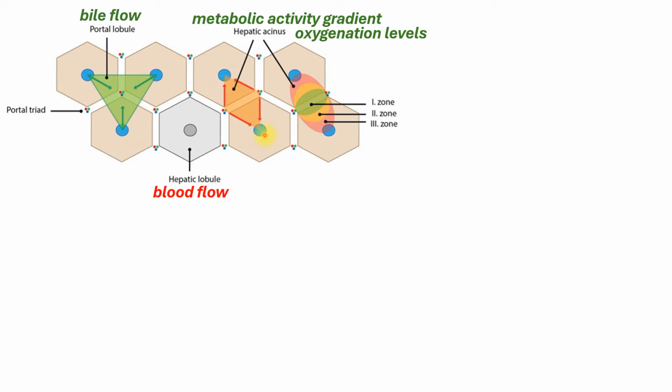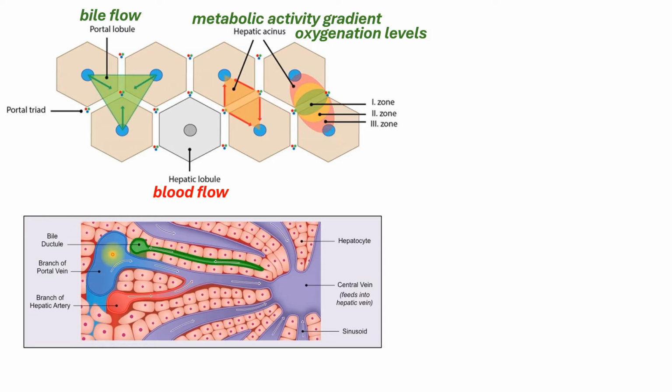So two central veins and then portal triads. Okay? So there are actually different zones here, with zone 1 being nearest your portal triads, your arteries, and then zone 2 in the middle, and zone 3 being nearest your central veins.